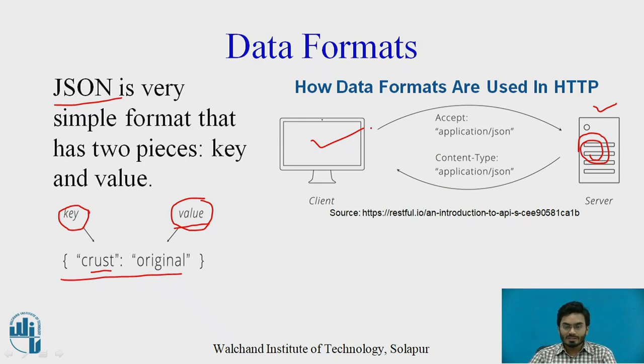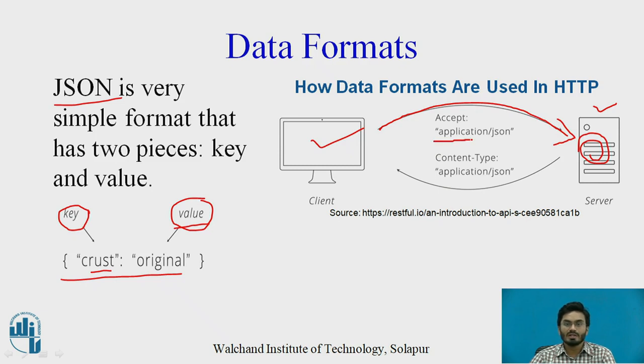Just to avoid such kind of situations, here we have the same example. Client is trying to communicate with a server. There has to be a deal between this client and the server that the formats that both are going to share and use has to be either JSON or XML. What this browser does, whenever the client is trying to request, the header of the HTTP request format is going to have the content type mentioned as JSON.